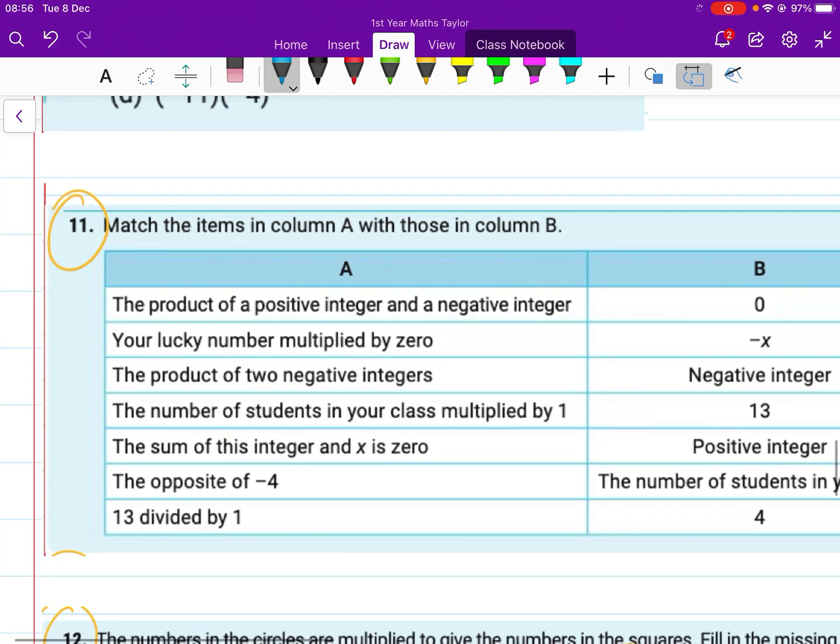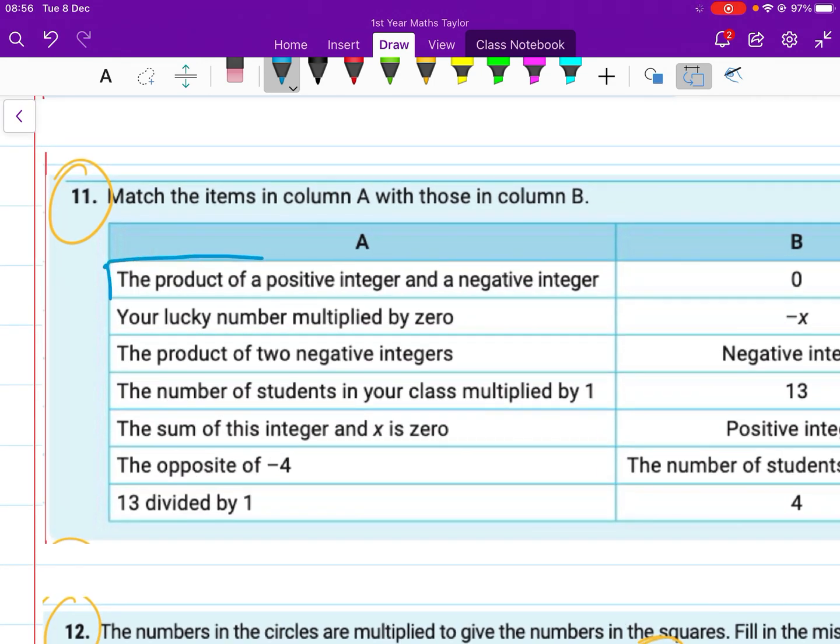Okay, I did question 10. This one I didn't. So the product, I'll start here. The product of a positive integer and a negative integer.